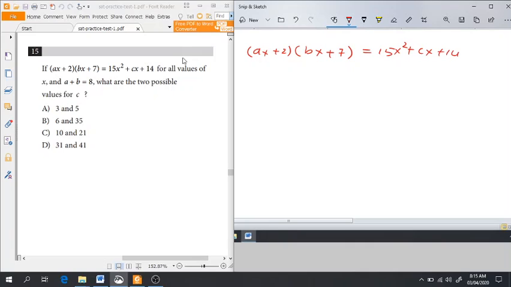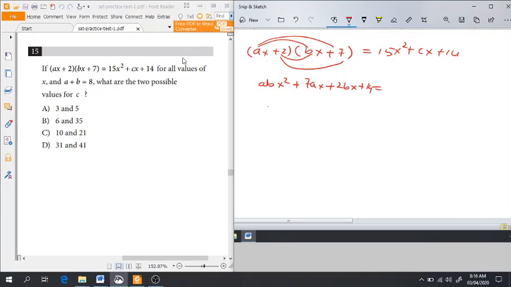Use the distributive rule here, multiply this with this, then this with this. So ax times bx can be written as abx², plus ax times 7, it's going to be 7ax. 2 times bx is going to be 2bx. This term is as it is, plus 14, right?